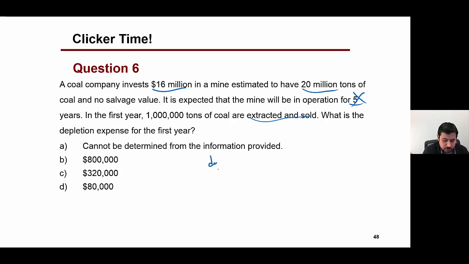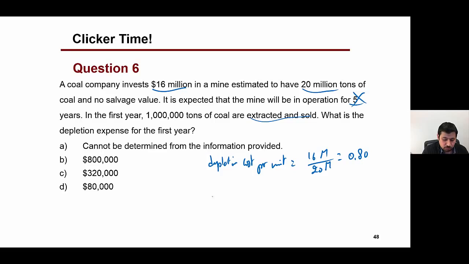So the depletion cost per unit is equal to 16 million divided by 20 million, which is equal to $0.80 per extracted unit, in this case per ton.